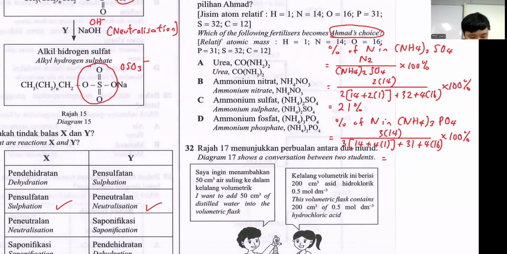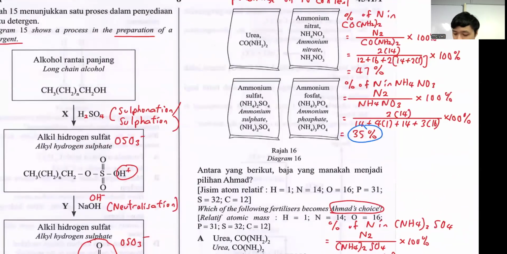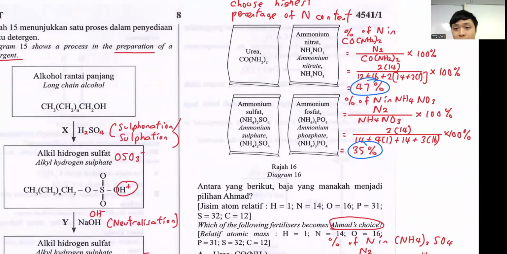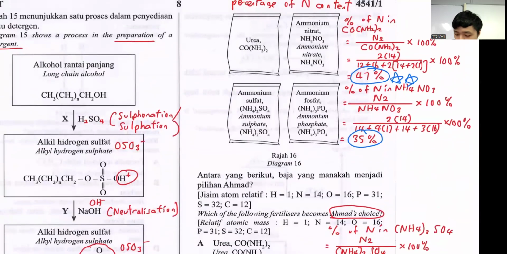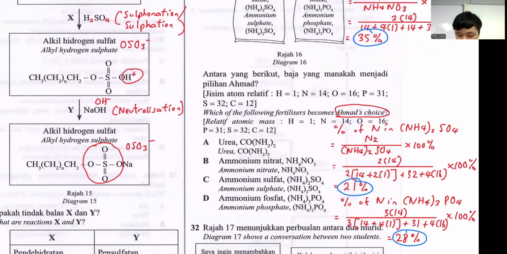You will get 28%. So you got 21%, 28%, 35%. Urea is 47%. Of course, you choose urea in this case. So the answer is A.